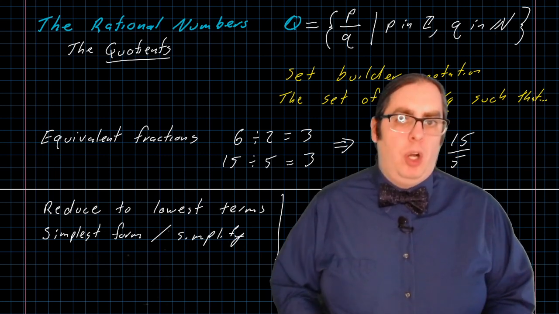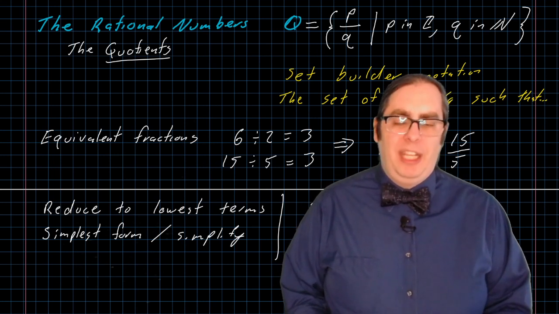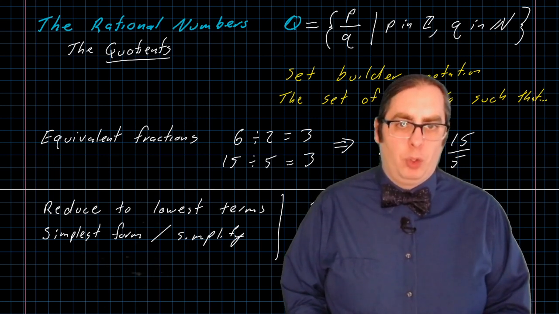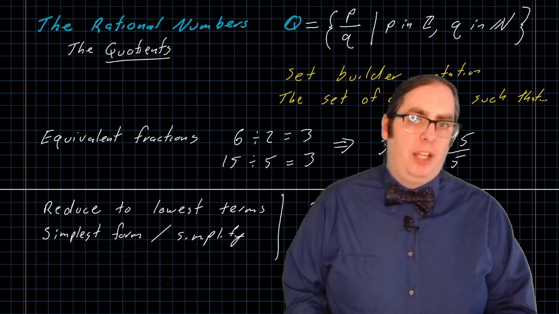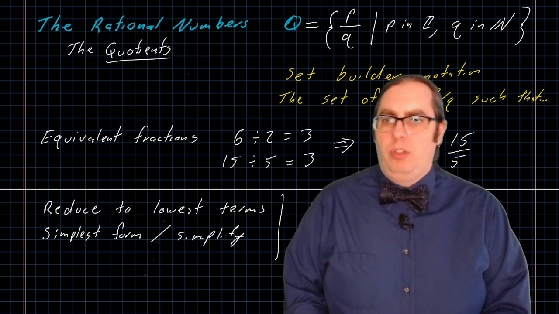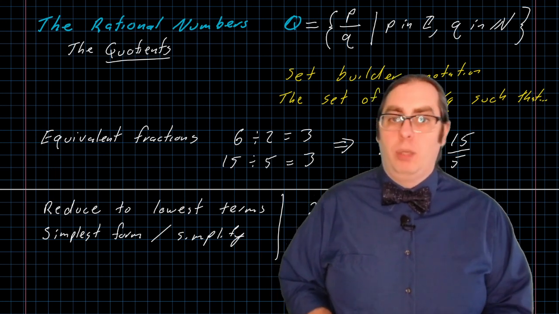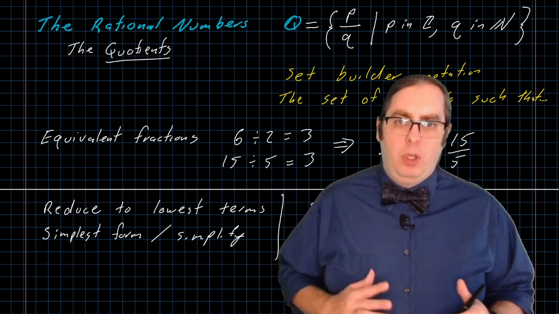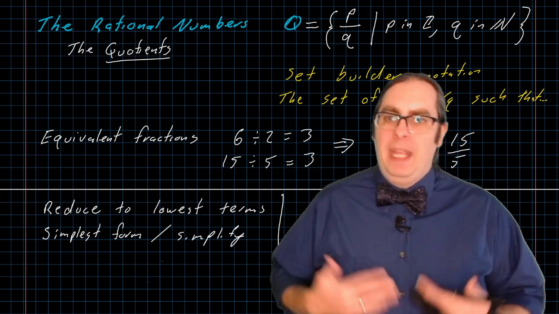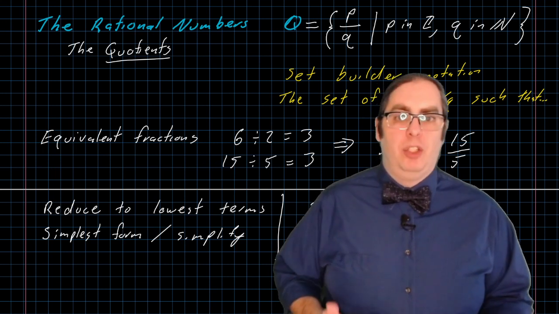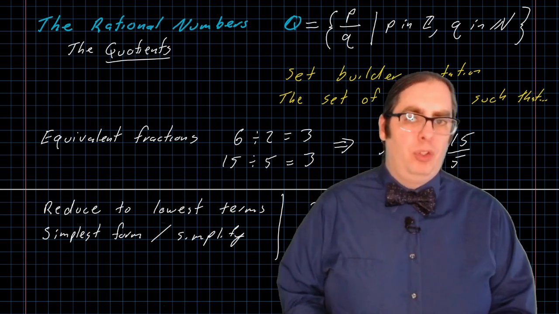A little bit later on, we're going to talk more in depth about fractions, and I'll show you some shortcuts on a calculator that will let you work with fractions more quickly, one of which will allow you to reduce the fraction if your calculator is capable of that. So I'm not worried about can you perform this process of reducing to lowest terms right now. I am concerned about, do you understand that it's something that needs to be done? And can you recognize that two fractions are equal? Can you recognize that a fraction has not yet been reduced to lowest terms.